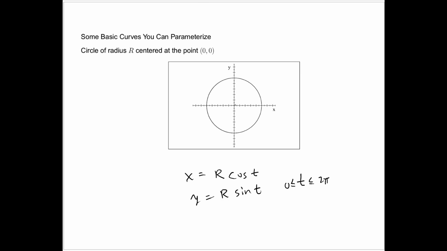So here we have a circle of radius r, and we're going to be starting at this point, the point r, 0, and move along counterclockwise in this parameterization. This parameterization of the circle is just like the first parameterization we saw for the unit circle, but we've just scaled everything up by this factor of r here for both the x and y coordinates.